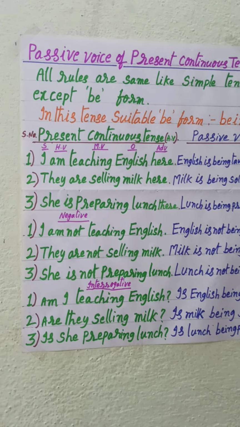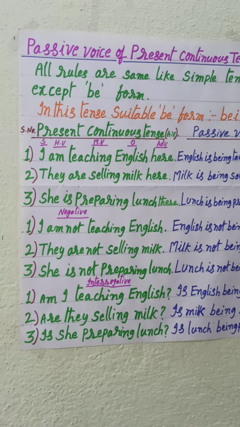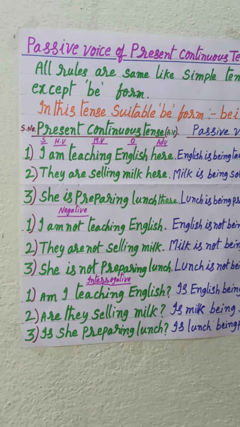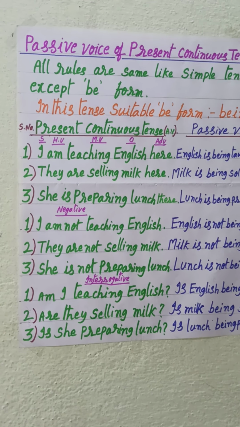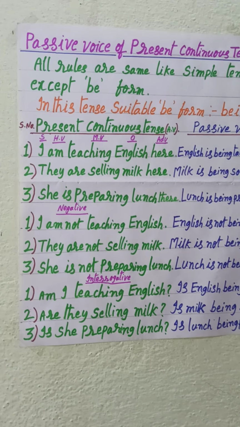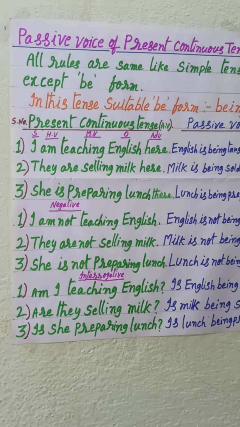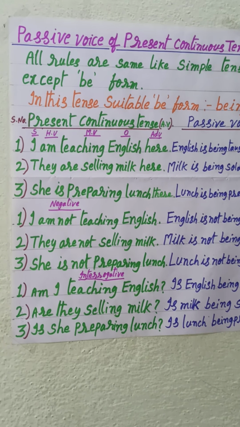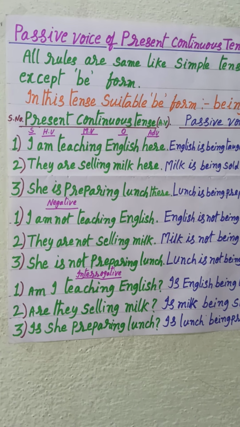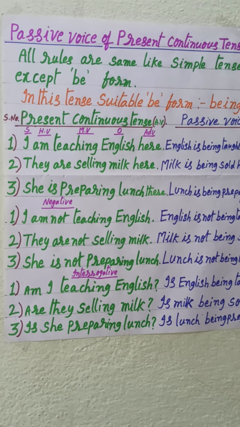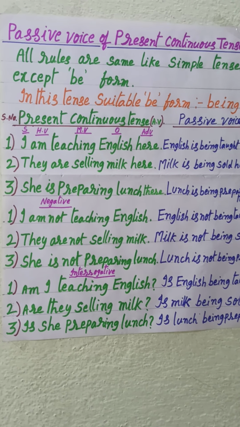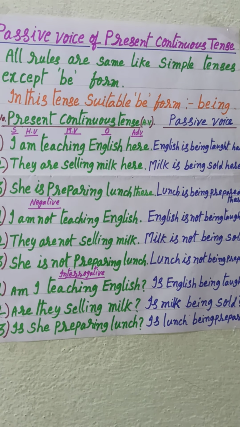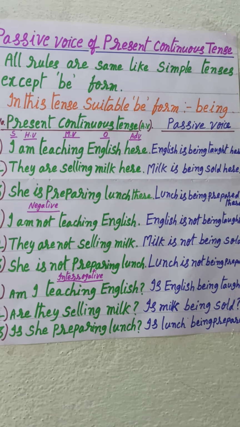If we want to change a negative sentence, we will write not after the helping verb in the active voice and passive voice. For example, serial number 1, I am not teaching English. The passive: English is not being taught.